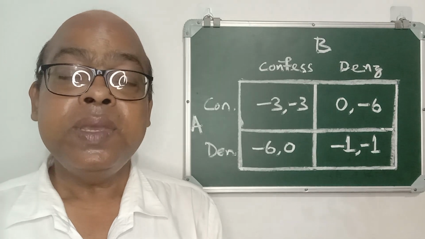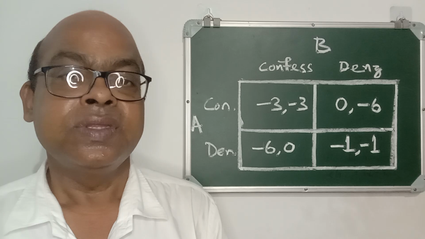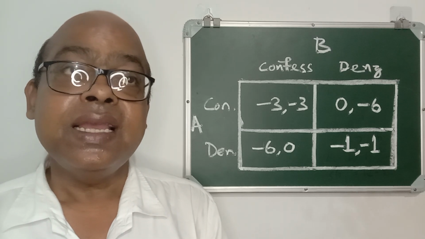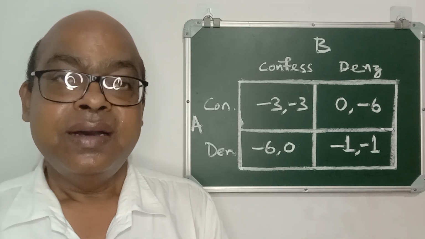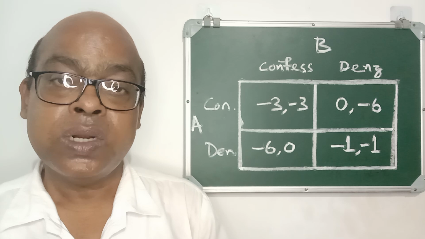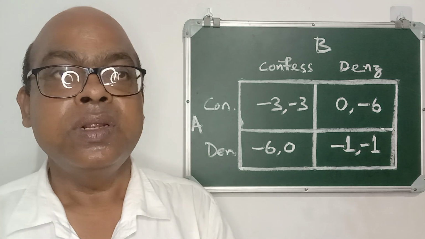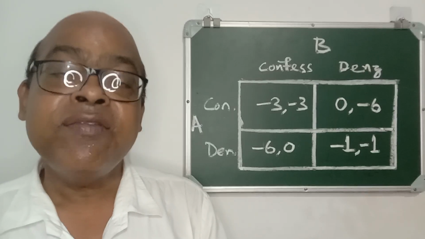However, the problem is that A and B don't trust each other. If they trust, then it's okay, they can produce the quota level. A can produce the quota level, B can also produce the quota level. If they don't have trust, then one can go above the quota level.